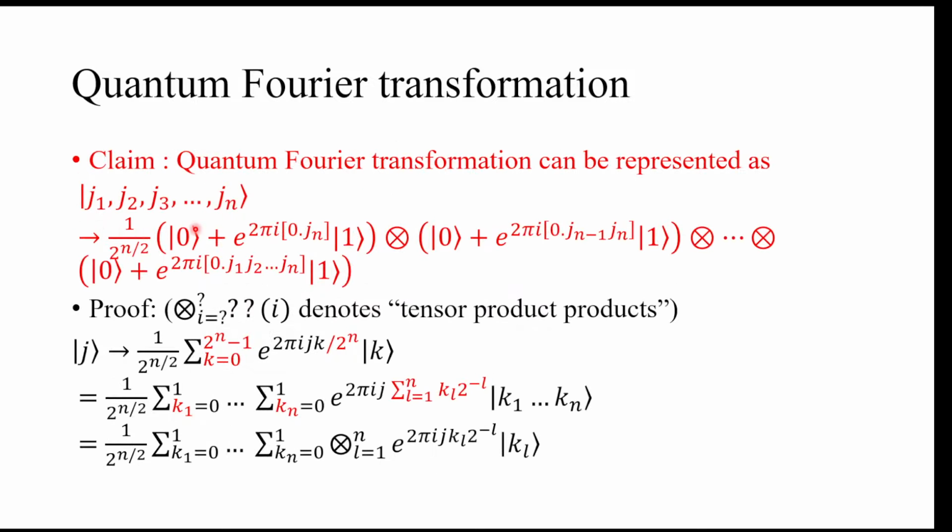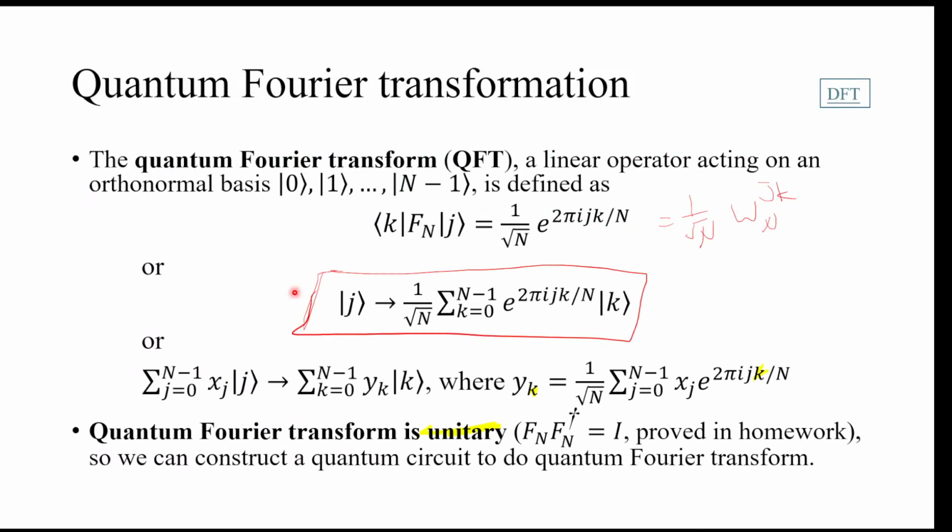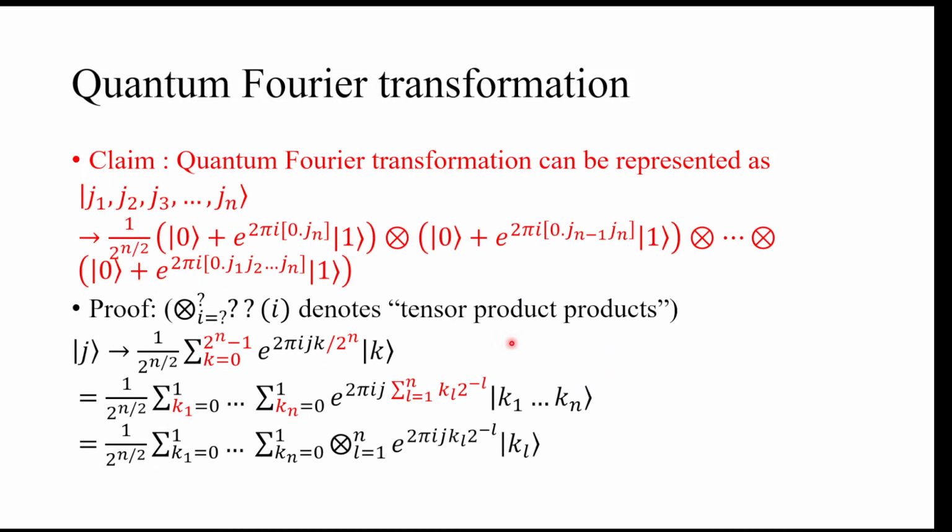So you have this n-bit input, which is a product state. Even though this seems like a quite complicated transformation, when your input is a bit string, the output is actually a product state between the qubits. Each qubit looks kind of like a plus state, an equal superposition between 0 and 1.